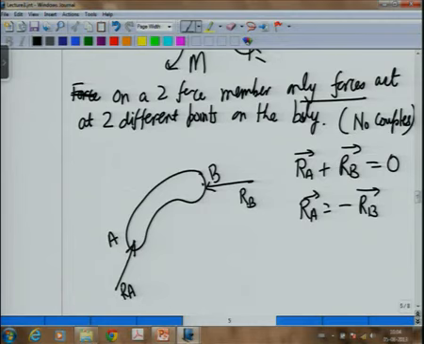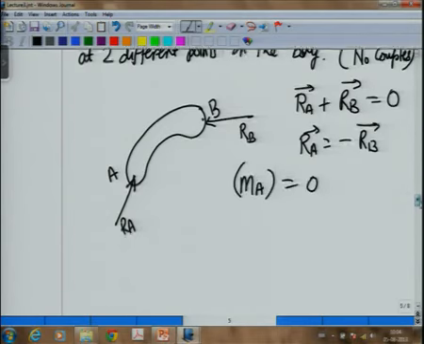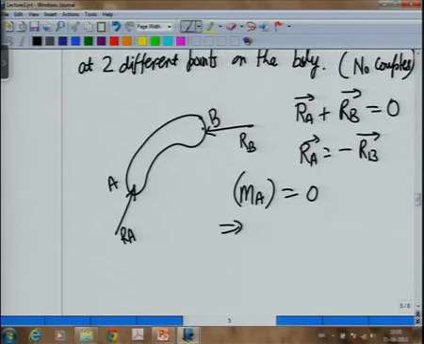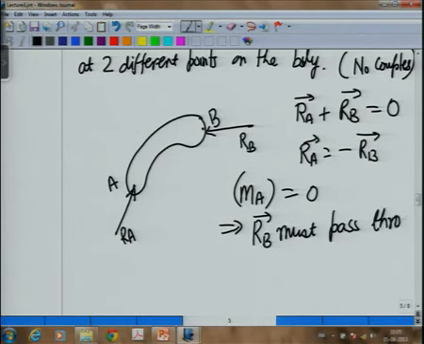The second condition which we will get here is, if I take moments about A is equal to 0, what does this mean? That RB must pass through A. Similarly, when I take moments about B is equal to 0, I will get RA must pass through B. So that means, what is the line of action of RA and RB?